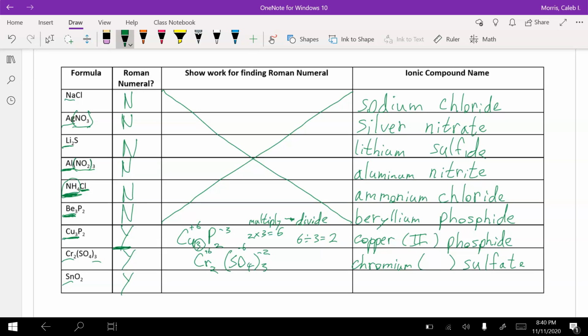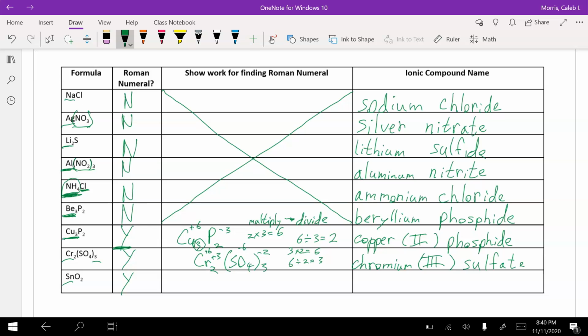The positive side has to be +6. And then I need to divide by however many chromium ions I have. I have 2 of them, so 6 divided by 2 is 3. Okay, so we multiply: 3 times 2 equals 6. 6 divided by 2 equals 3. Our Roman numeral is 3.